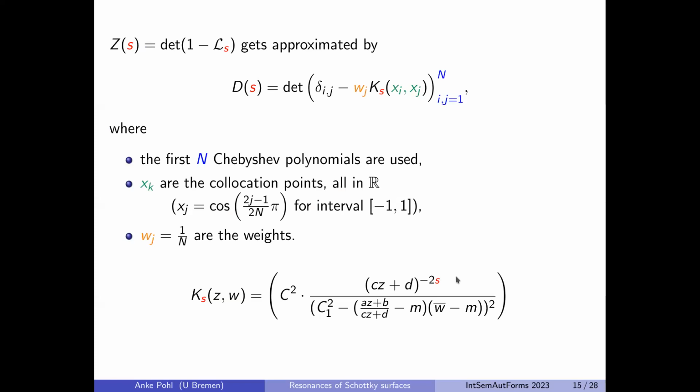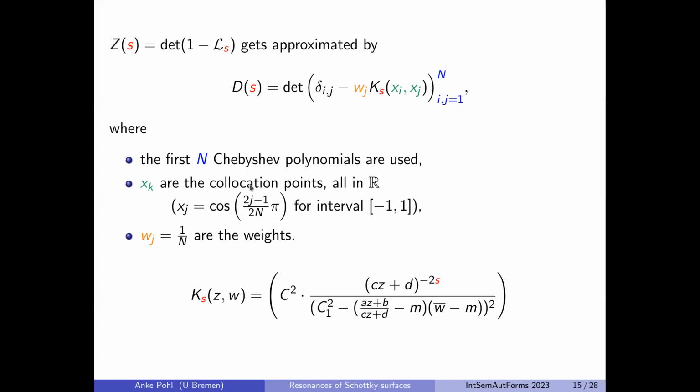So what does it mean for us? You can approximate this determinant here. So instead of the transfer operator itself, you put in the integral, and then you approximate the integral, so it becomes a finite expression in terms of the kernel, where you evaluate the kernel at specific points, because we use Chebyshev polynomials as a basis, which is very convenient here.